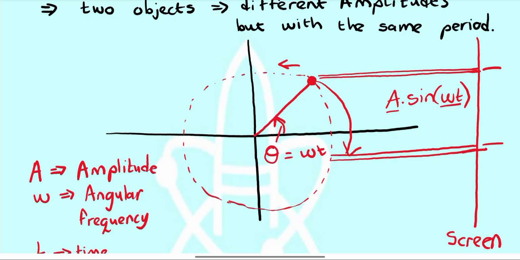So in this equation here, you can replace it with theta, and the amplitude that is being referred to in the equation is A, which is the length of the string that is holding the bob. Basically, this is an example of simple harmonic motion.